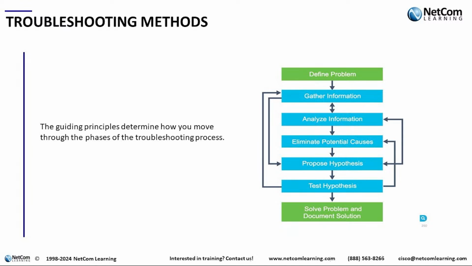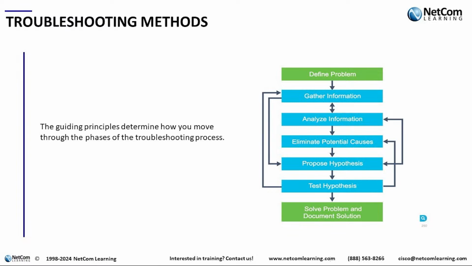So then after the gathered information has been analyzed, the troubleshooter compares the symptoms against his or her knowledge of the system, processes, and baselines to separate what's normal from what is abnormal behavior. And then by comparing the observed behavior against what's expected, some of the possible problem causes can be eliminated.